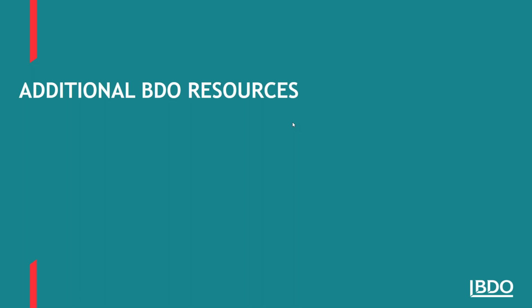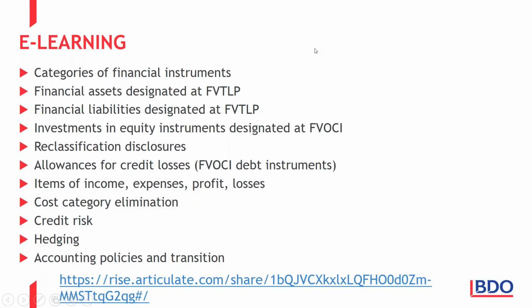If we just wrap up the session on some additional resources, first of all, I want to remind you that we've got e-learning, which is available on our website. It is free of charge. There are different sections in the e-learning, categories of financial instruments, looking at financial assets, liabilities, reclassification disclosures, impairment losses, hedging, a lot of amazing information.